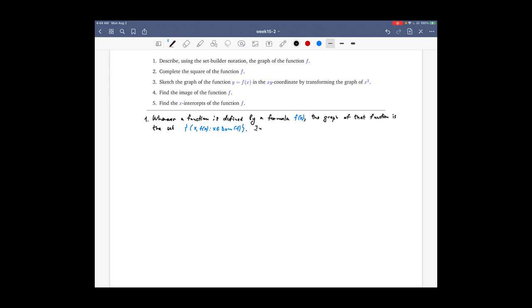So in our case, therefore, the graph is the set of pairs x comma negative 3x squared plus 6x plus 15, where x runs over all real numbers, the domain of our function f. That answers the first part.